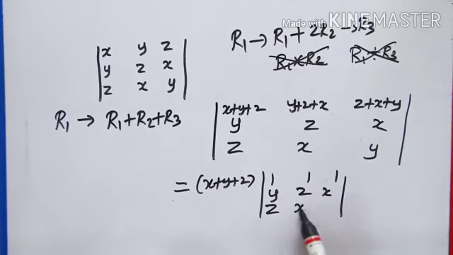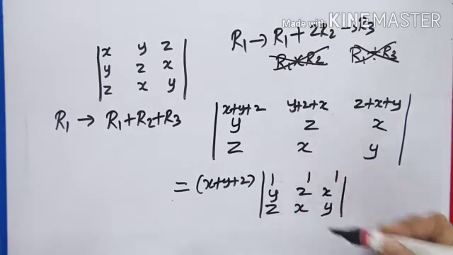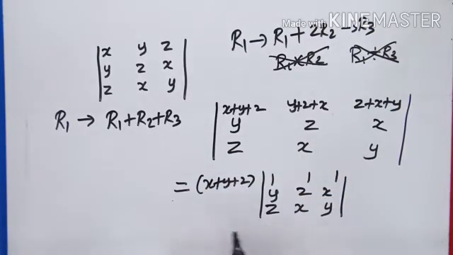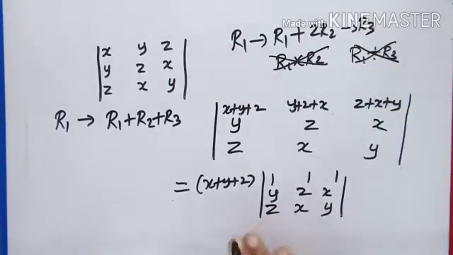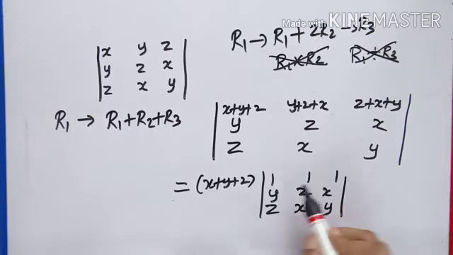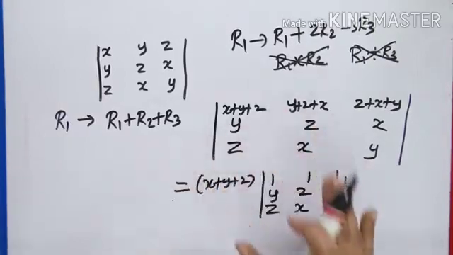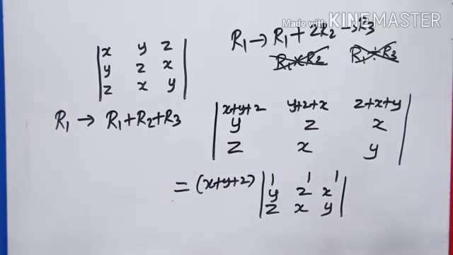Third row, Z, X, Y. Now I have to expand and proceed. Most of the problems try to bring ones in the determinant. So this idea tells me I can subtract. So 1 minus 1 will yield 0. Easy for us to expand. So these ideas will be understood when we do the exercise problems.